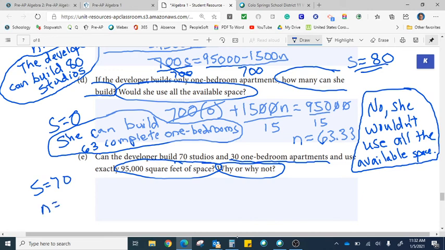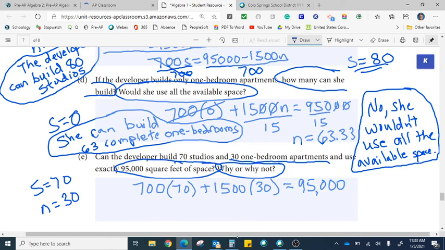N is going to equal 30. Okay? All right, so 700 times 70 plus 1,500 times 30. And that's got to equal 95,000 square feet. Okay?